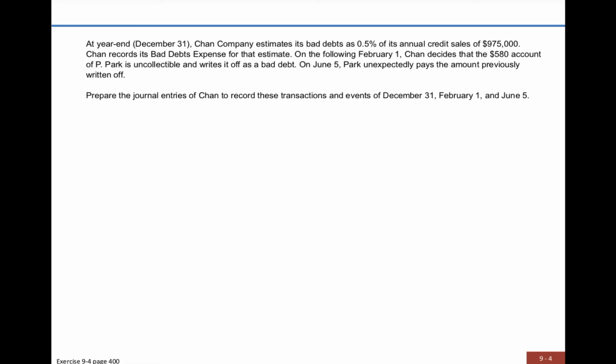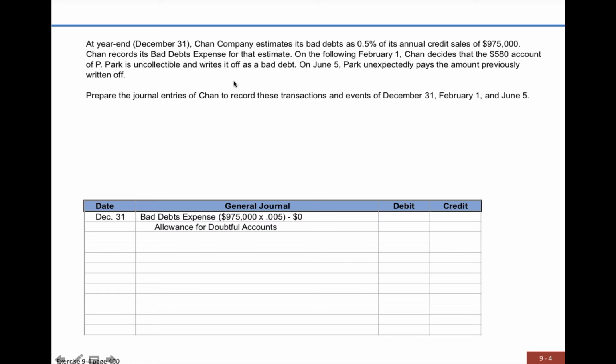So that's essentially what we're doing with this 0.5% times 975,000. That will give us our first journal entry down here. And this minus 0 here is just us saying that we had a 0 balance in the bad debt expense account before.